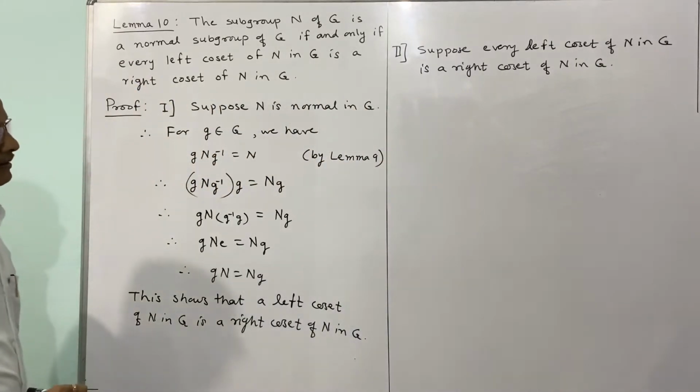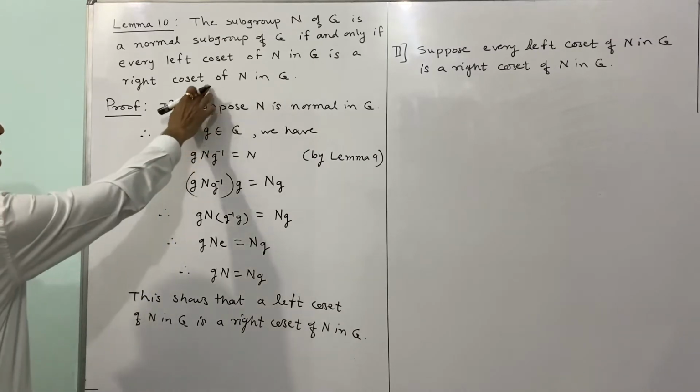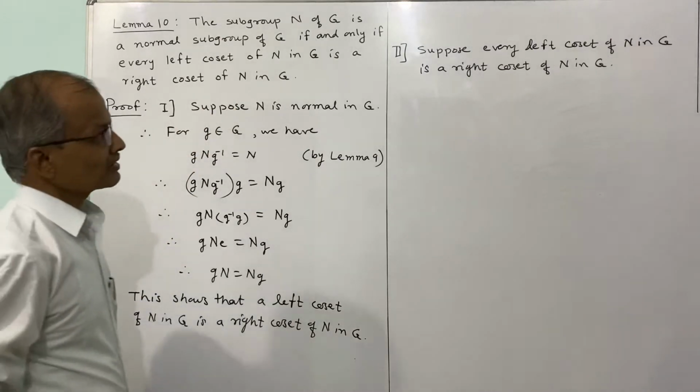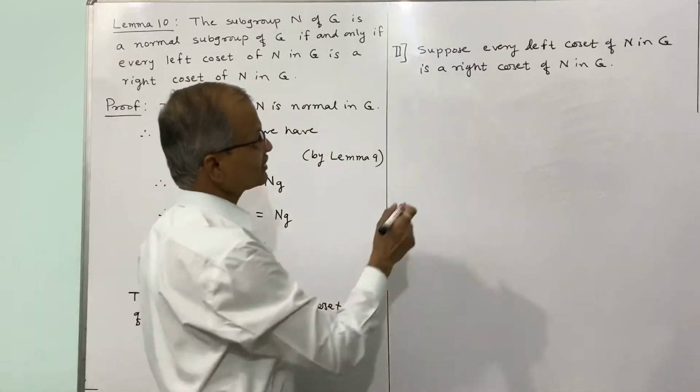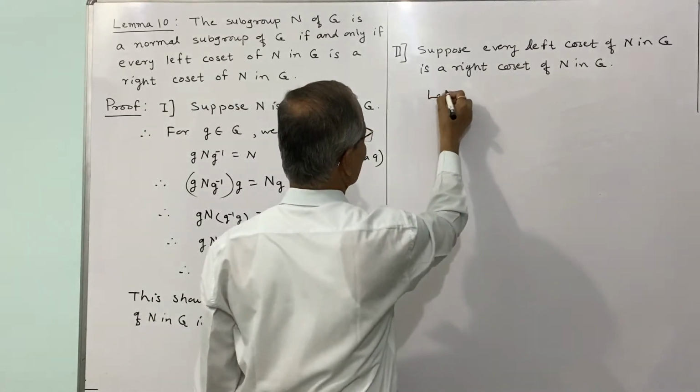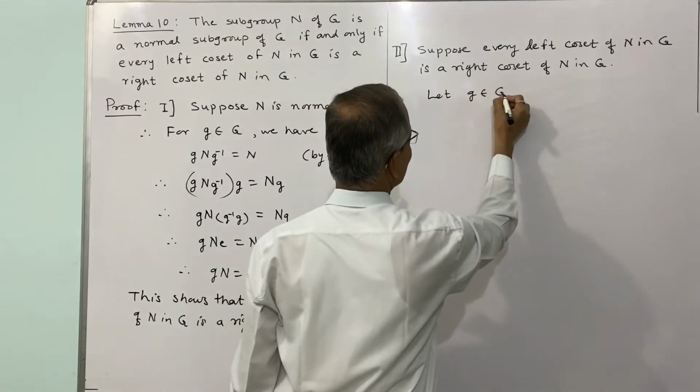And now what we have to prove is N is normal in G. So because every left coset, we will consider g belongs to G. Let g belongs to G.